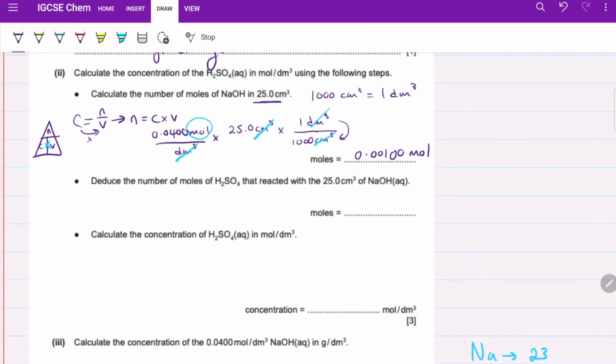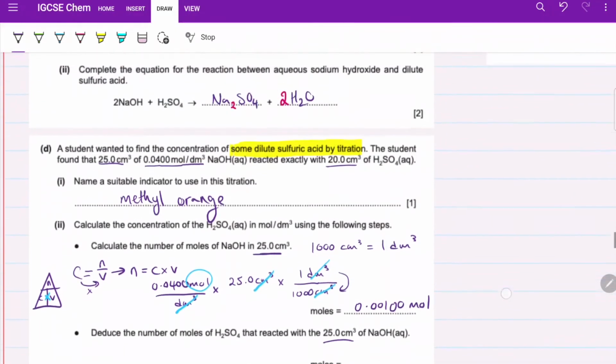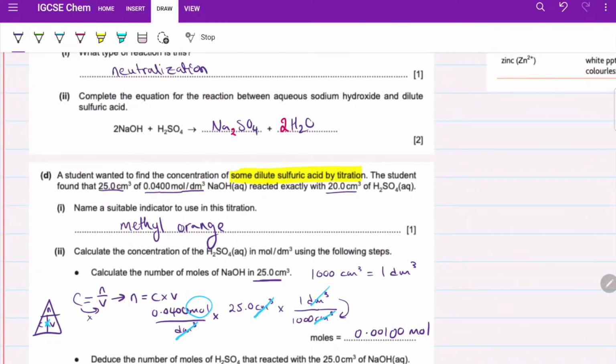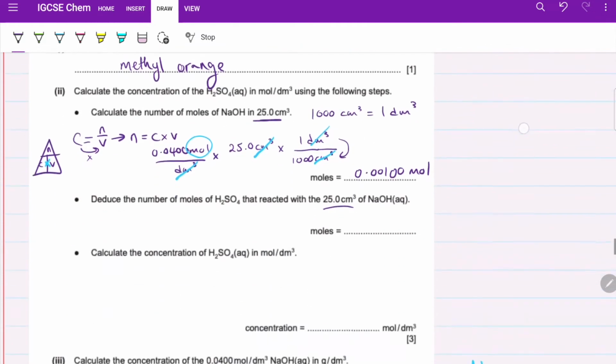Now, deduce the number of moles of H2SO4 that reacted with the 25 centimeters cubed of NaOH. How you can do that is if you go back to the equation, you'll see it's a 2-to-1 ratio. So for every 2 NaOH molecules present, there is 1 of H2SO4.